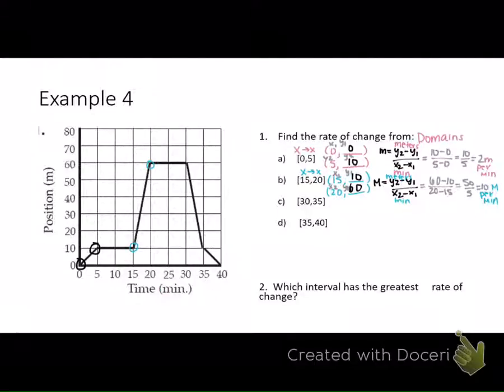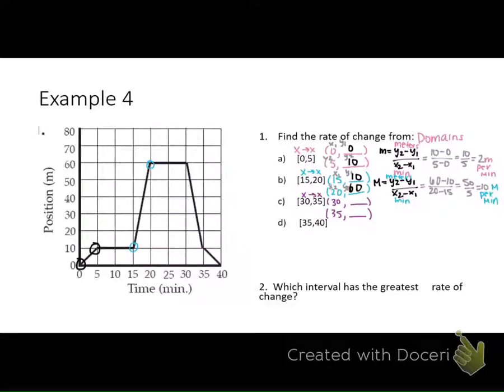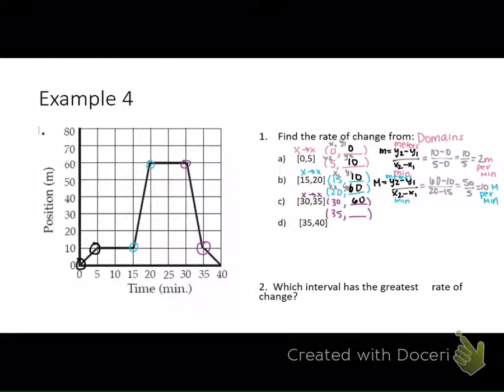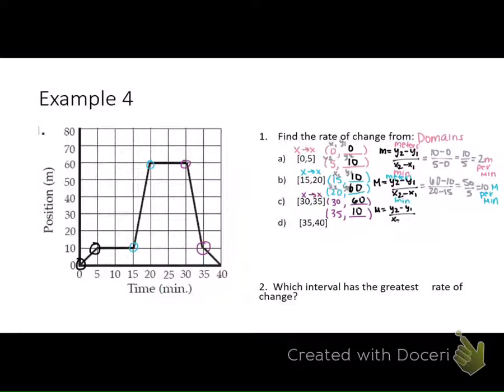All right, so we have an x value to another x value here. So we have 30, comma something and 35, comma something. So Grace, 30 comma what? 60, good. So it's 30 comma 60. And Blaine, 35 comma. Okay, again, your slope is y2 minus y1 over x2 minus x1.